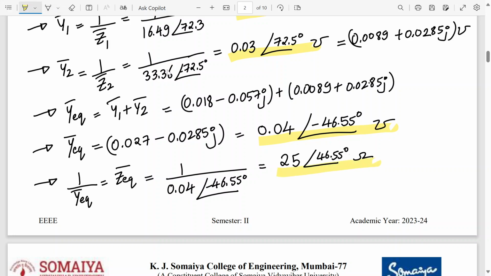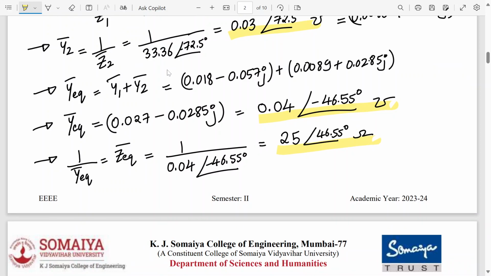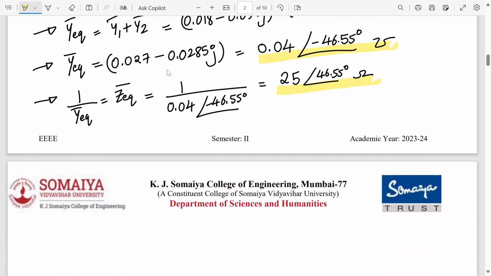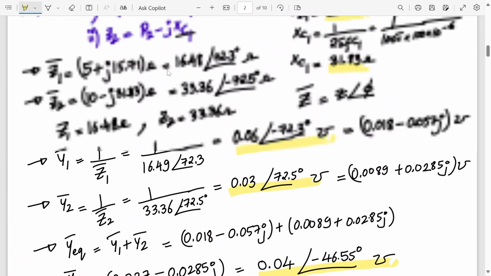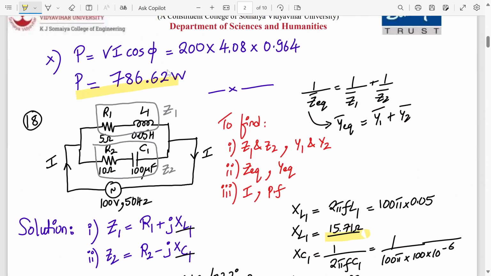Okay, Z equivalent. What else to find? Current, right? Supply current and power factor. So tell me, how will you find supply current? Okay, let's go over here in the circuit. Tell me what is supply current. Total V is how much?